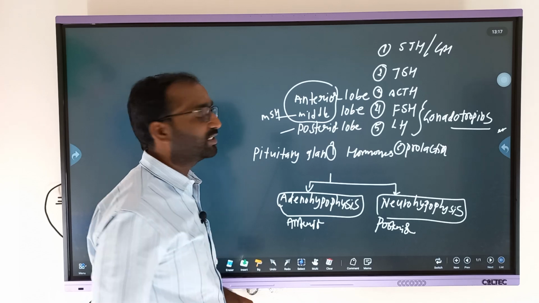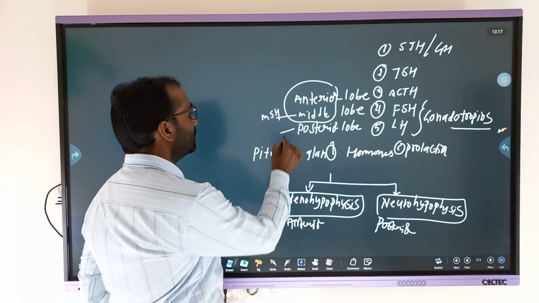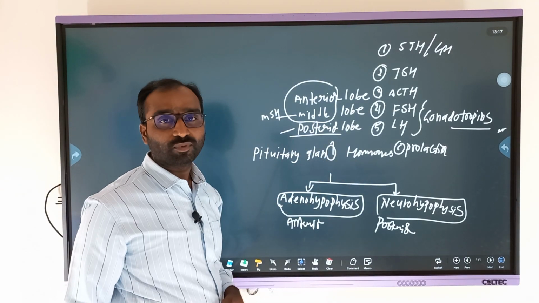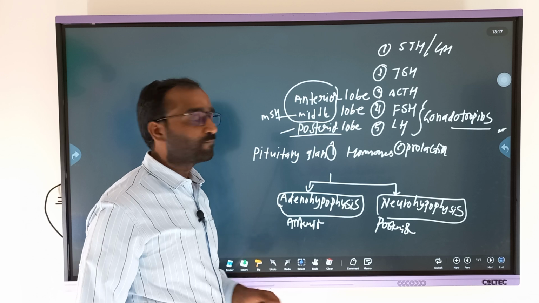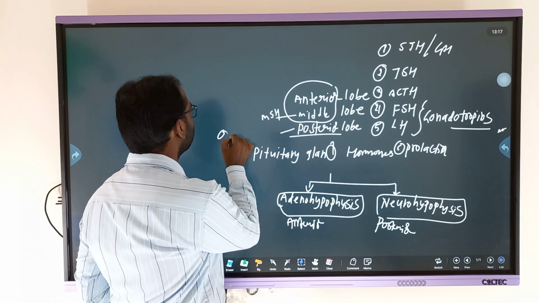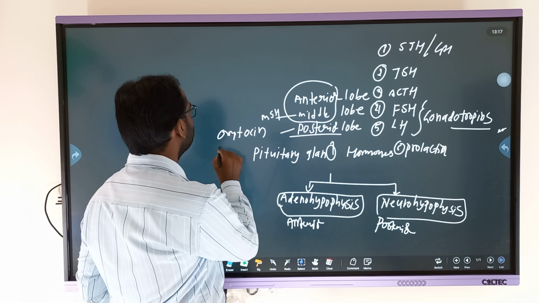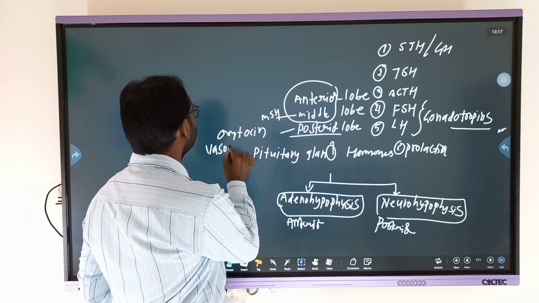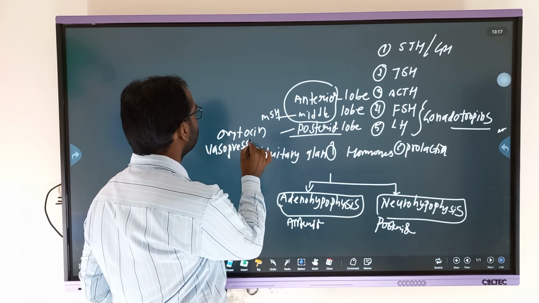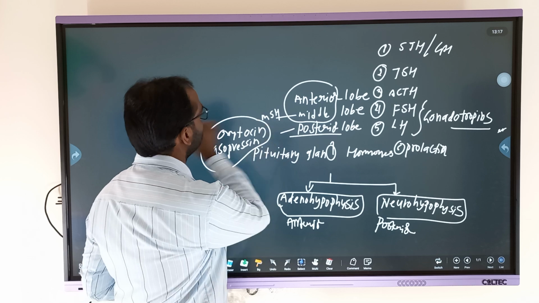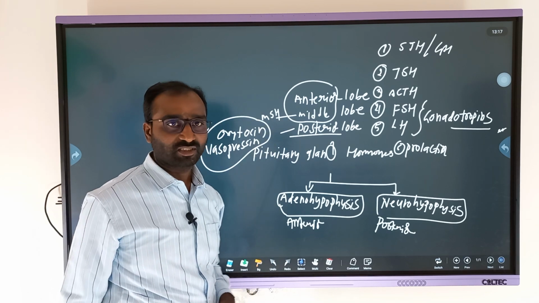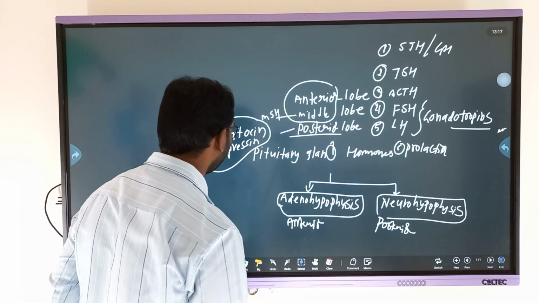MSH, melanocyte stimulating hormone, from the middle lobe. Then the posterior lobe releases oxytocin and vasopressin. Clear? So these are the hormones.